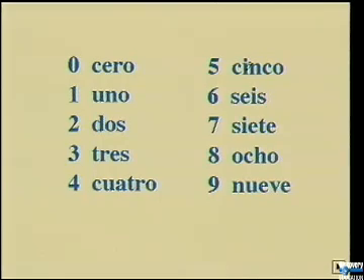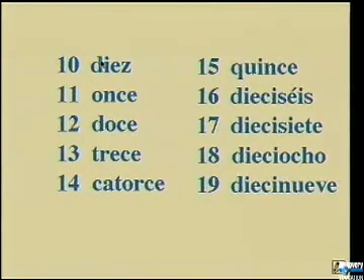Now, just like in English, after you get to 10, from 10 to 20, in English we have the teens. In Spanish, they have a little bit of a different numbering system also. And it goes like this. Diez. Repitan. Okay, and that's a 10. Now, just like we have numbers that aren't really related, it's not 10 and 1, we say 11.